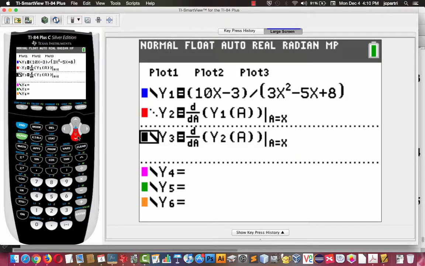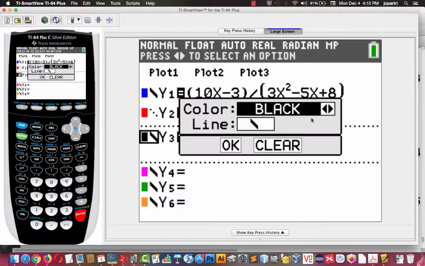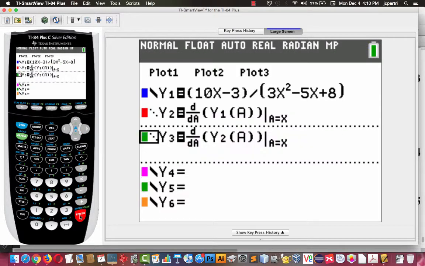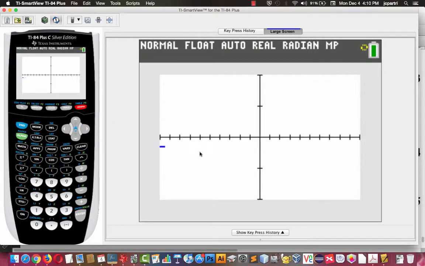And let's change the color here for this one. I don't like black, so let's choose green. And we'll make the curve, how about we make it a bunch of dots? Nah. Let's make it like that. Okay. All right, let's hit graph and let's see what happens.